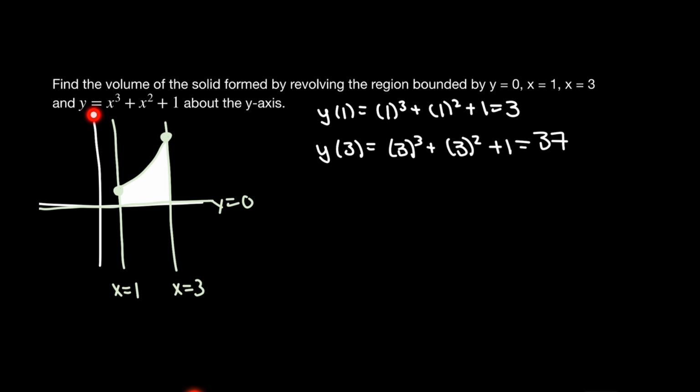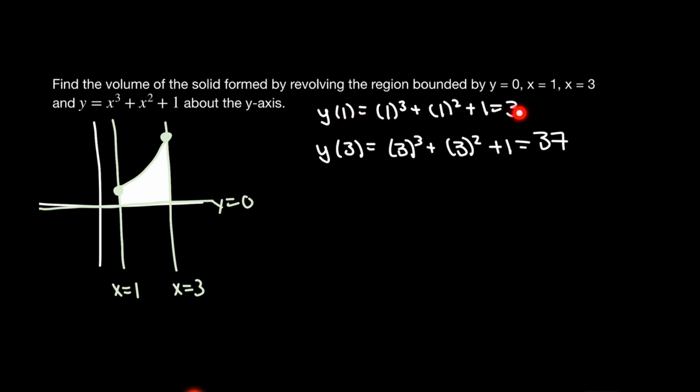All right, so here's my y-axis and my x-axis. We're bounded by y equals 0, that's the x-axis, x equals 1, x equals 3, and then this polynomial. I wasn't quite sure how to draw this polynomial, so to help me with my picture, I took x equals 1 and plugged that in so I could get a point.